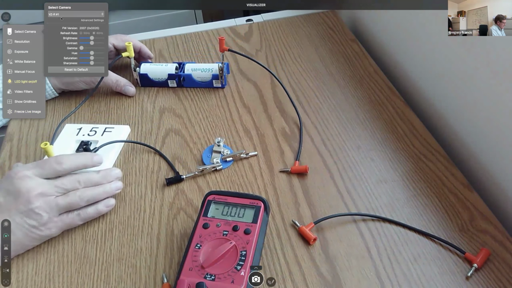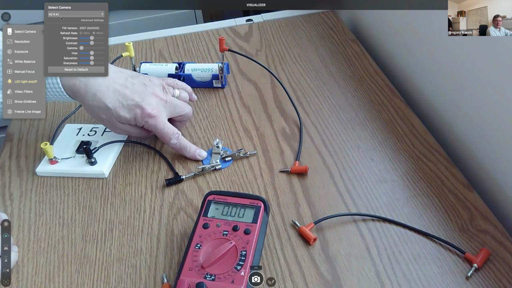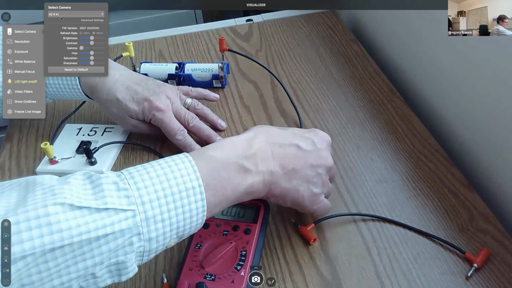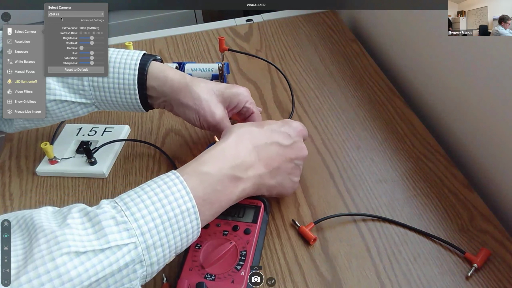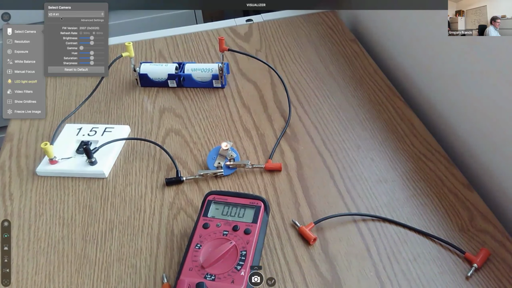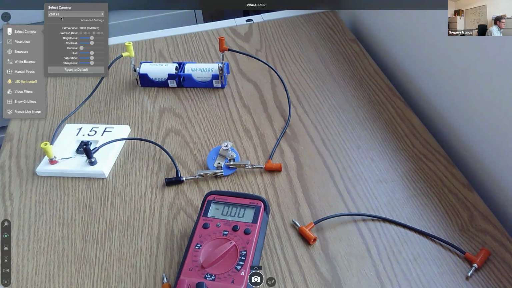There's my capacitor. And then I go to the bulb, and closing the switch is when I connect this wire here. And so I'm going to close the switch. If I had measured the voltage there, it would have been 0 right after I closed the switch.